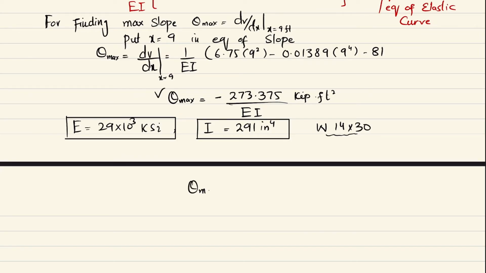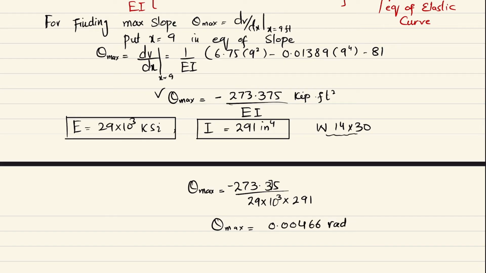Now put the values of E and I in this maximum slope equation. So theta max will be equal to minus 273.375 divided by 29 into 10 raised to power 3 multiplied by 291, and when you calculate it, you will get theta max equal to 0.00466 radian.